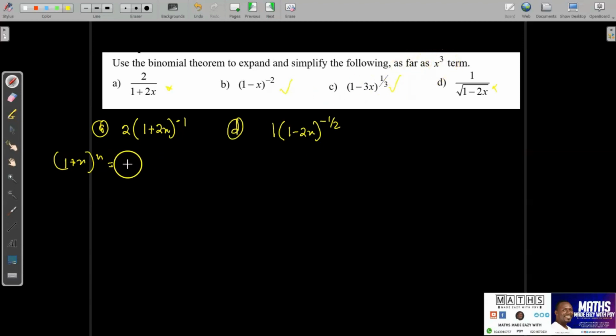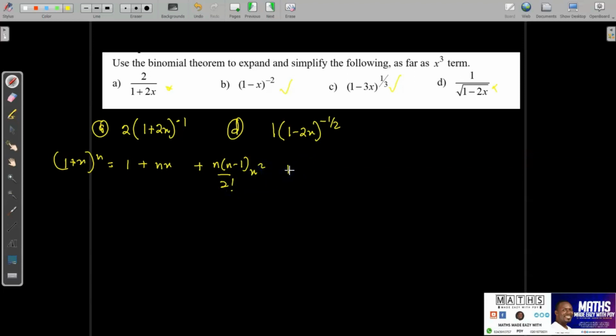What will be the first term? The first term is actually 1. The second term is actually nx. The third term is n times n minus 1 all over 2 factorial and then x squared.